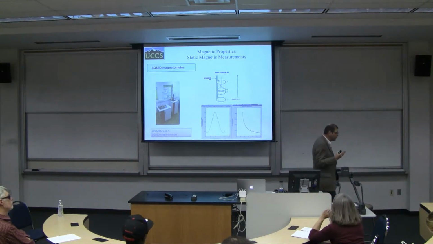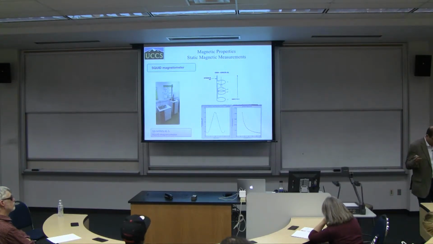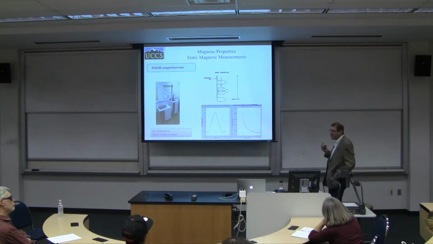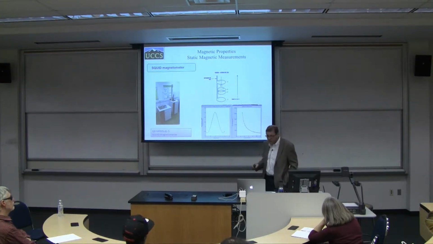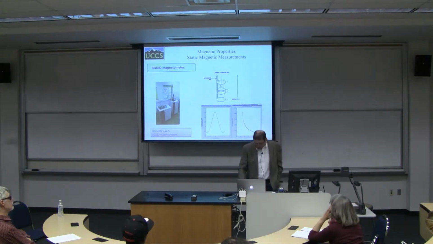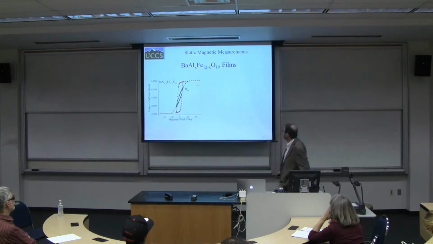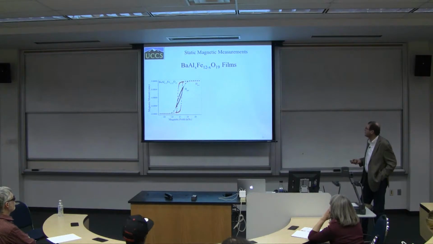Because the SQUID magnetometer is at least 3 orders of magnitude more sensitive than the VSM. So if the sample is very tiny, the SQUID magnetometer is going to give me very precise measurements. I'm going to show you measurements using both instruments. So let's start with the hexagonal ferrites, and with one example of hysteresis loop measurements made using the SQUID magnetometer.